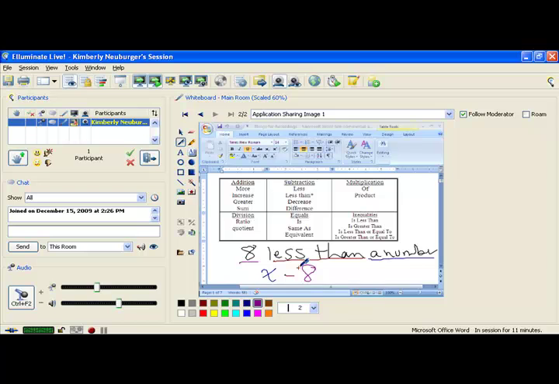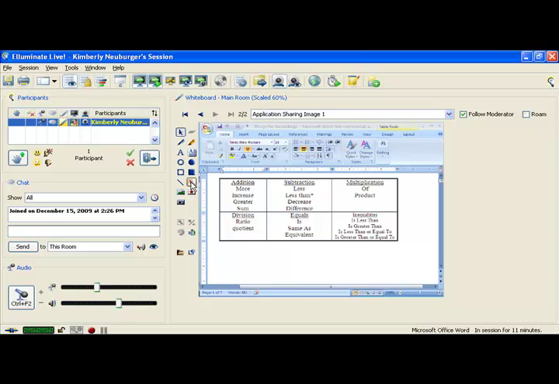So now if we want to represent something in multiplication and we're writing it in English terms, the two words that you see most often are the word of and the word product. Product is the answer after you multiply. Just like over here in subtraction, difference is the answer after you subtract, and sum is the answer after you add.